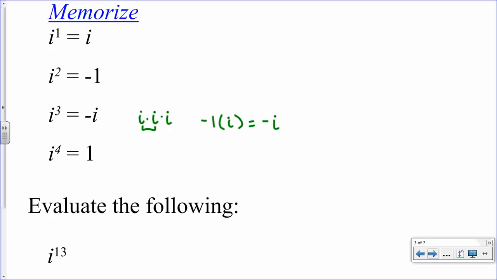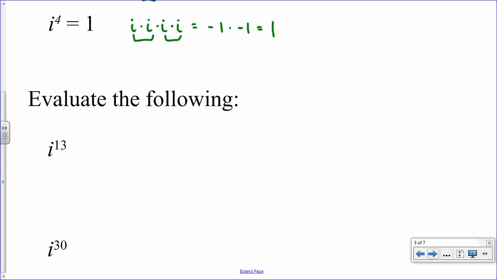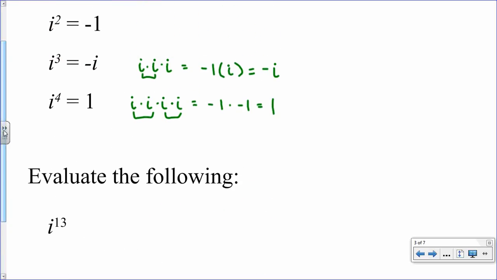So you're doing negative 1 times i, which is negative i. For i to the 4th, if I write that 4 times, then I have i squared and i squared. So that's negative 1 times negative 1, which is positive 1. And then it just cycles back through. So i to the 5th is i to the 4th times i.